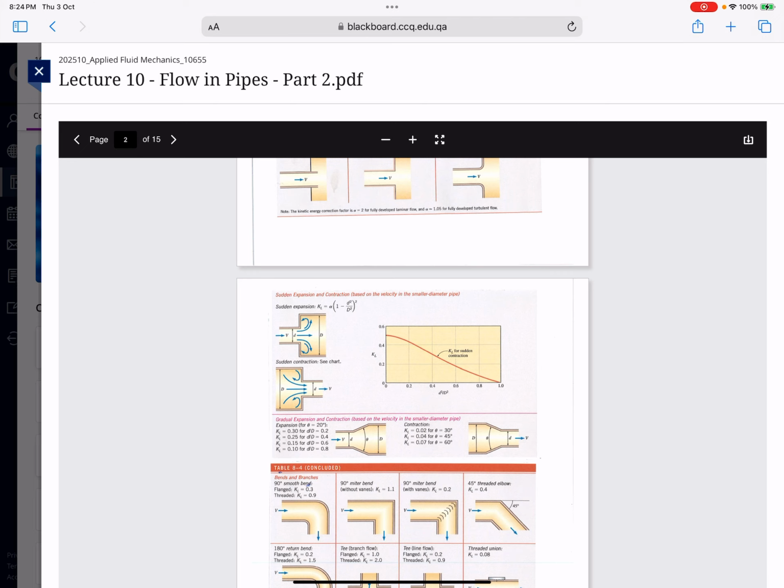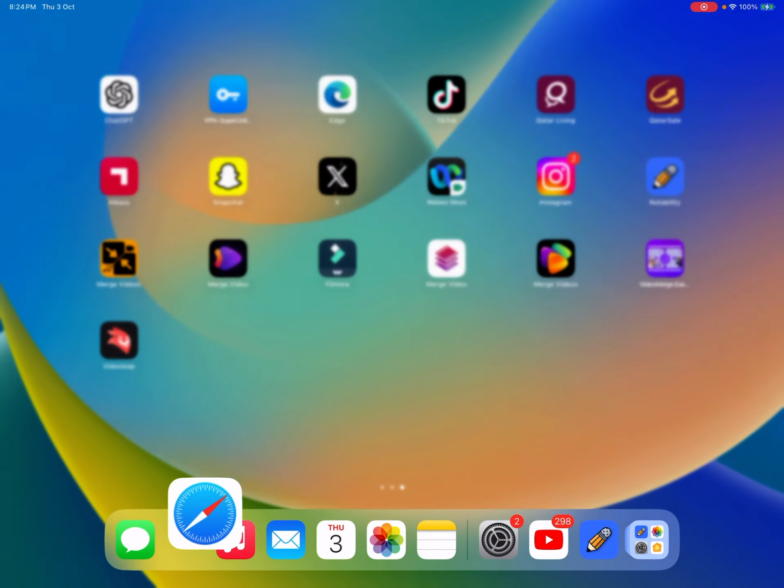For d over D equal to 0.2, 0.4, 0.6, and 0.8, KL is 0.1, 0.15, 0.25 and 0.30.